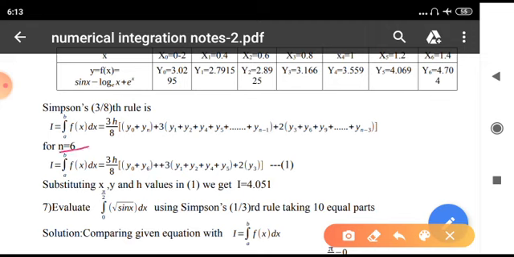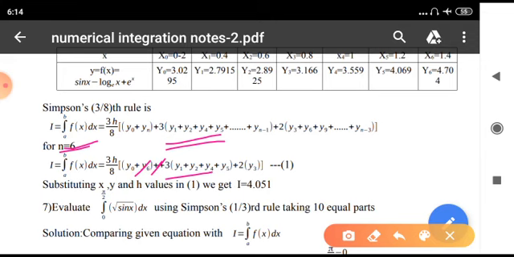So when n is 6, this formula reduces to 3h by 8 times y0 plus y6, plus 3 times y1 plus y2 plus y4 plus y5, since 6 minus 1 is 5.